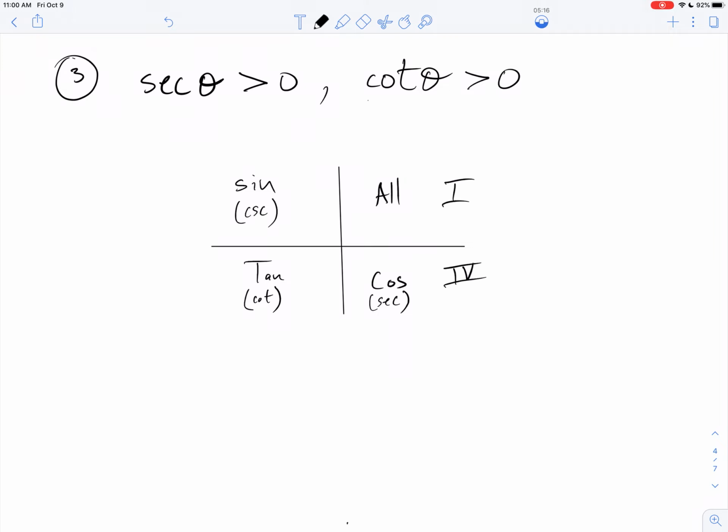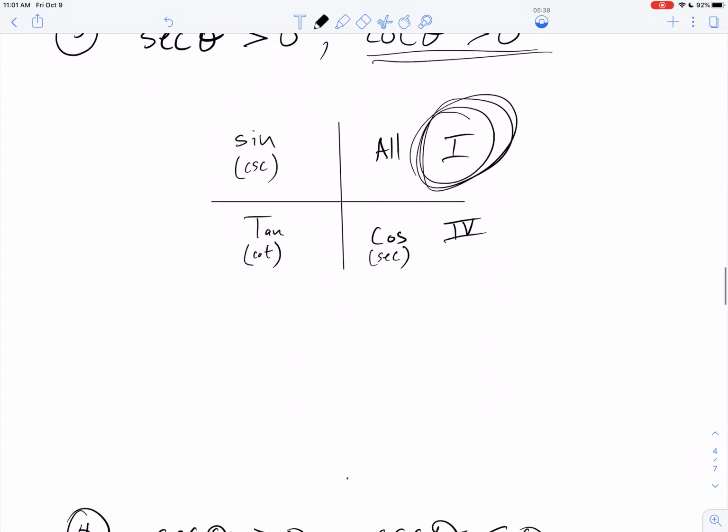But the other thing they told me here is cotangent is also positive. Well, the only place where all trig functions would be positive would be in quadrant 1. So I would say that is the only location where I could have those two things occurring at the same time. So once again, it's a process of elimination.